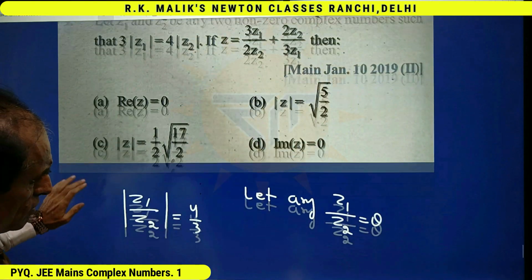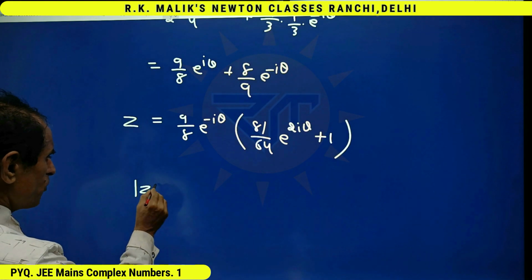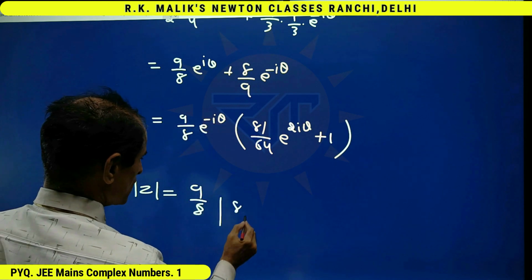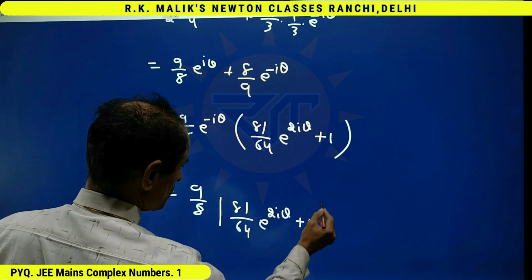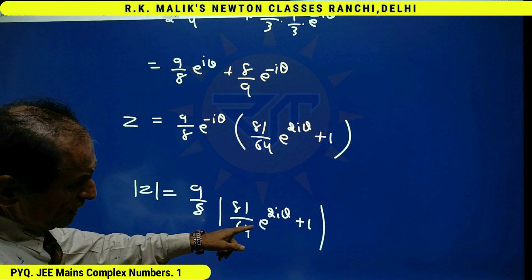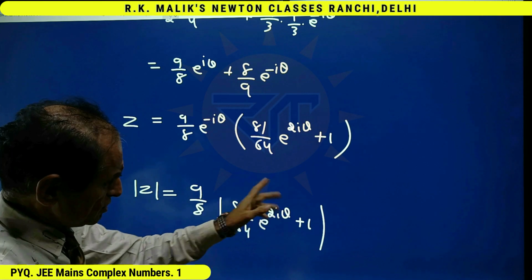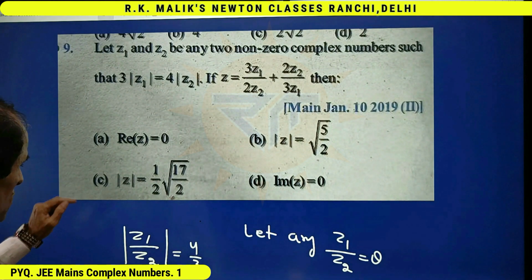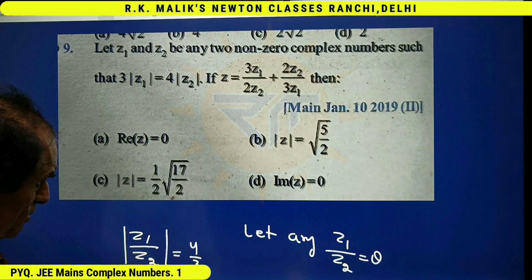Mod z equal to root 5 by 2 is also wrong because if I take mod z equal to 9 by 8, the mod of 81 by 64 e to power 2i theta plus 1, clearly writing e to power 2i theta as cos 2 theta plus I sin 2 theta, is a variable quantity. Hence B is also wrong. Similarly, C is also wrong because mod z being a variable quantity is not fixed.